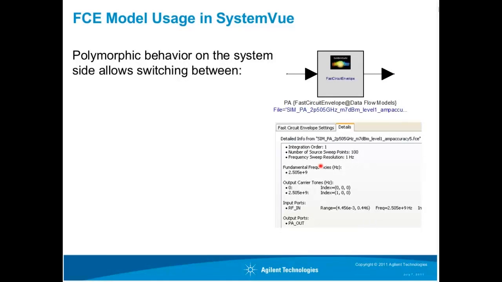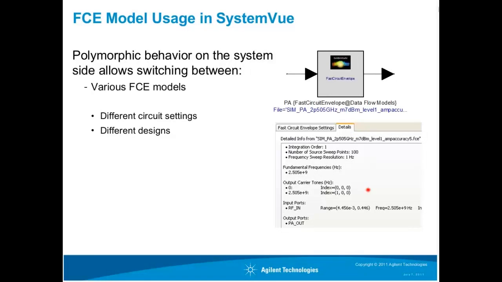It will tell you the number of amplitude sweep points, the frequency sweep if there was any. In this case it's a level 1, which is memoryless, so there's no frequency sweep. The fundamental frequency that it's modeled at, and the names of the ports that are included. So you've got a lot of details that are available to you. And if somebody had written a note there, you would have a note to look at as well.